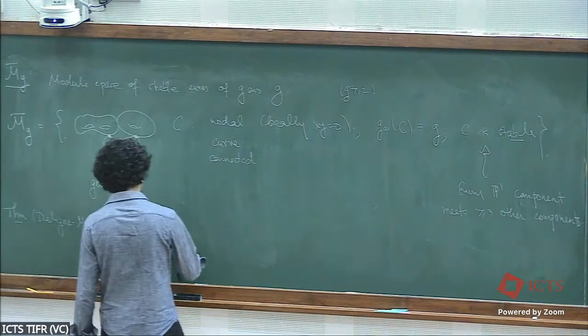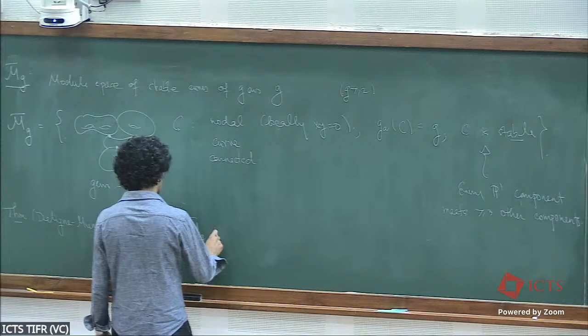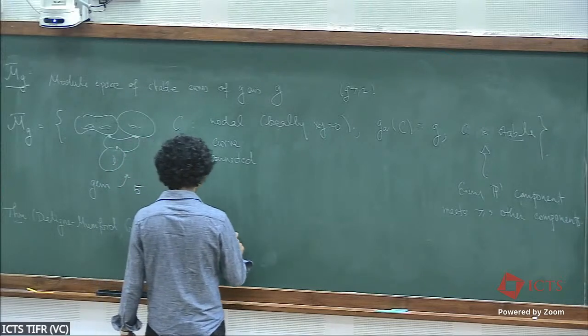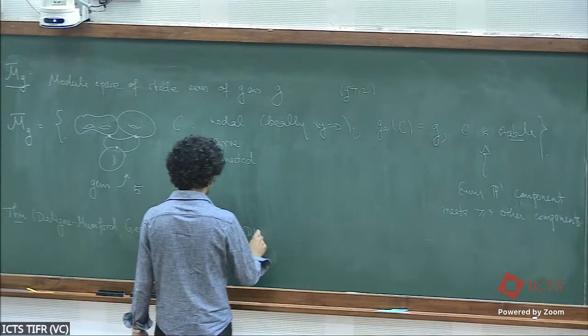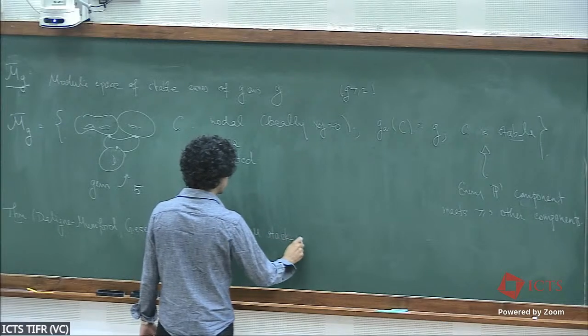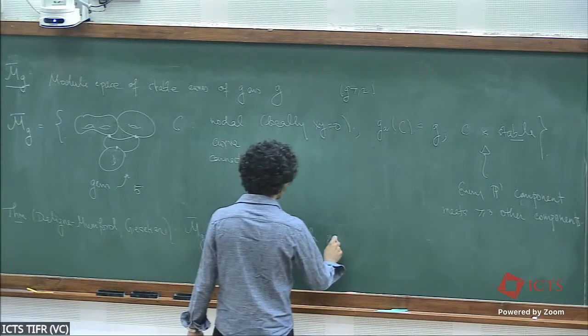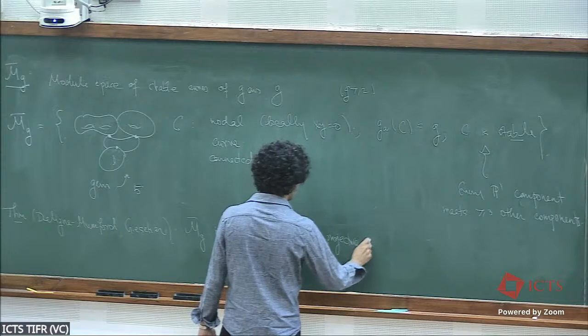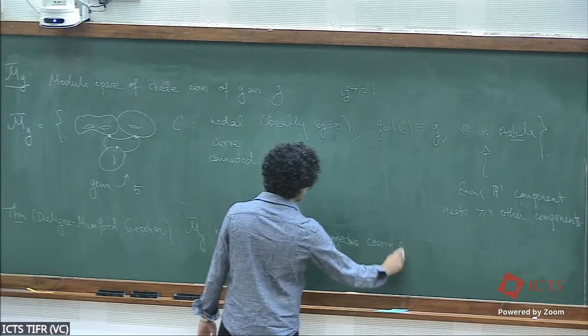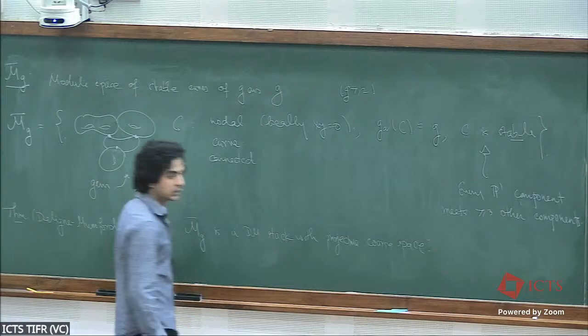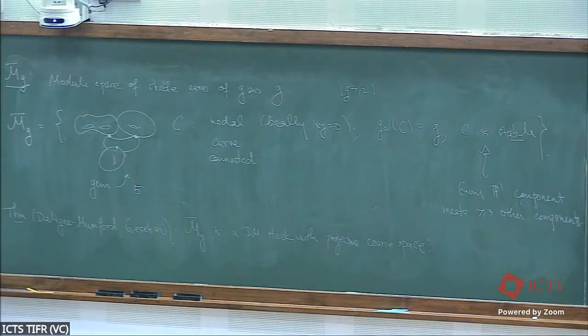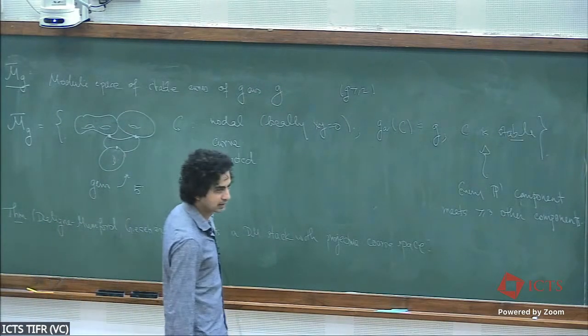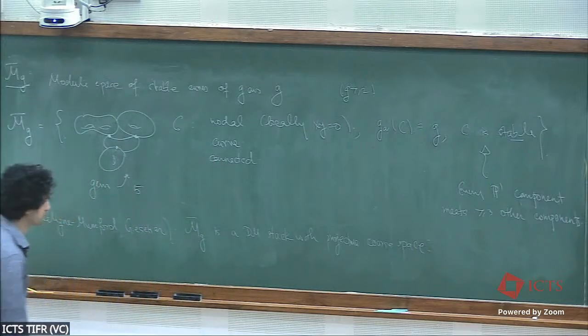So Mg bar is an algebraic thing, okay? Maybe I'll just say it. It's a Deligne-Mumford stack with projective coarse moduli space. Okay, which feel free for these lectures at least, and maybe for the rest of your life, feel free to read this as Mg bar is a projective algebraic variety.